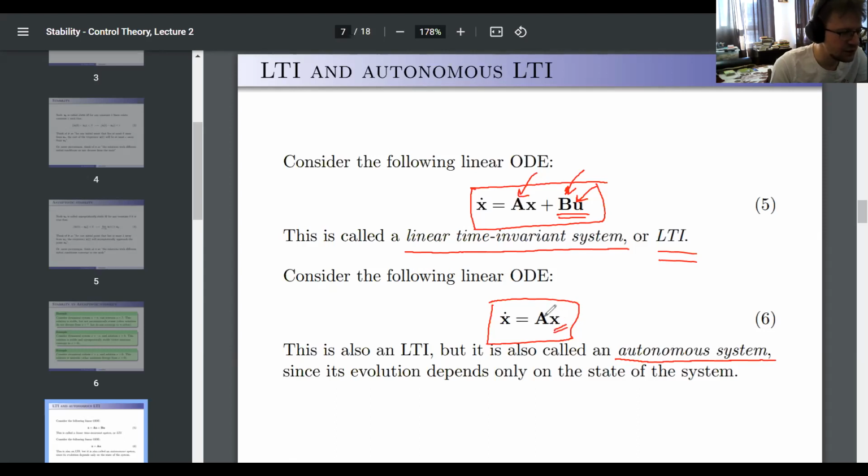The state of the system defines its behavior completely. That's why we call it autonomous. It is autonomous from any external inputs. And that is, I think, pretty much the systems that you studied in your differential equations course.